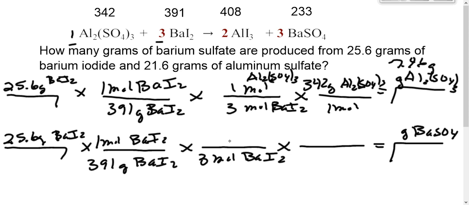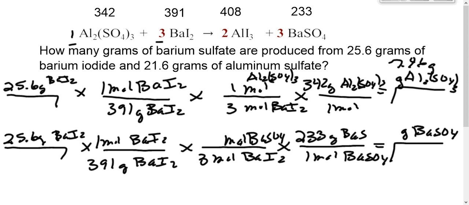Okay, now let's deal with barium sulfate. I know this is going to be the BaSO4 here, and I'm going to get the 233 right there, grams of BaSO4. Now look up here, I see that there's also a 3, so I'm going to put a 3 here for that.